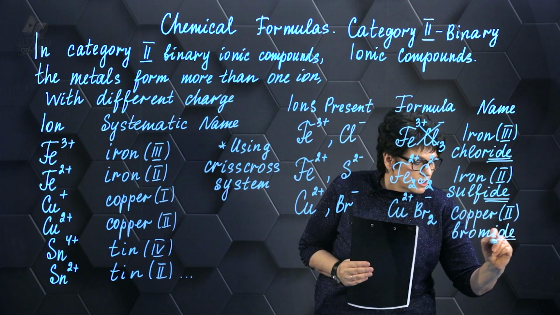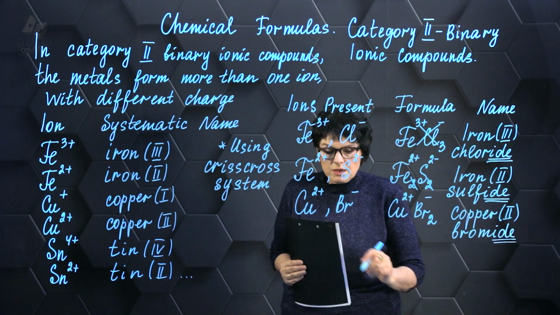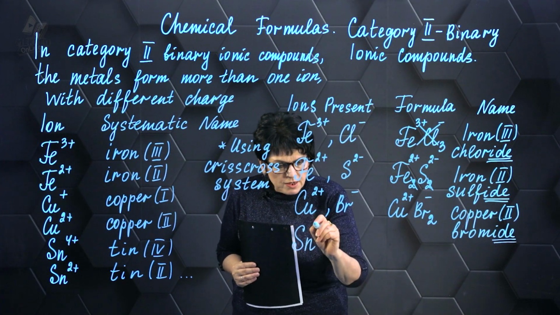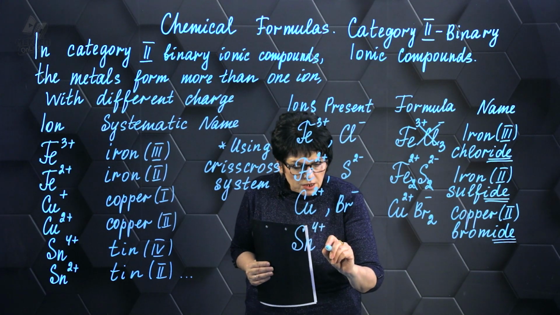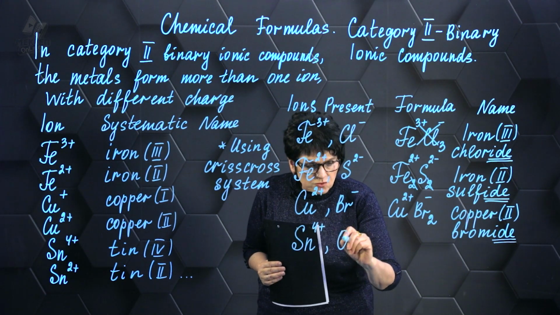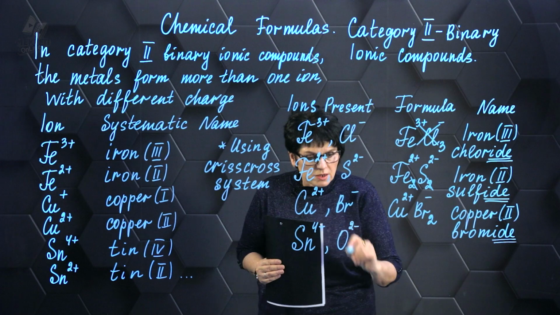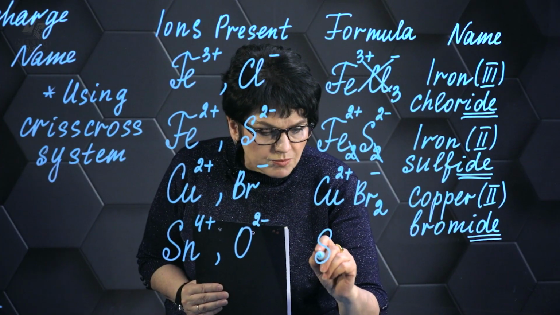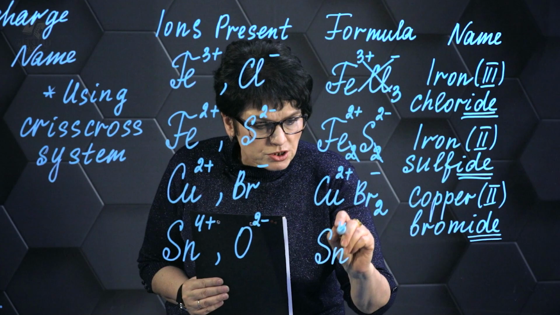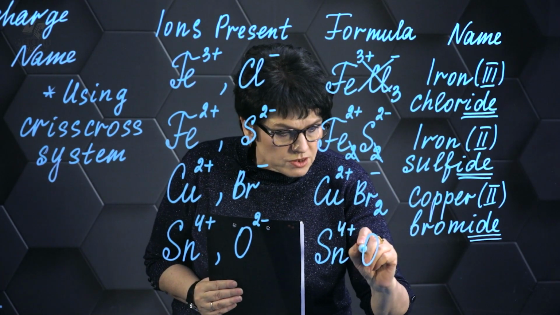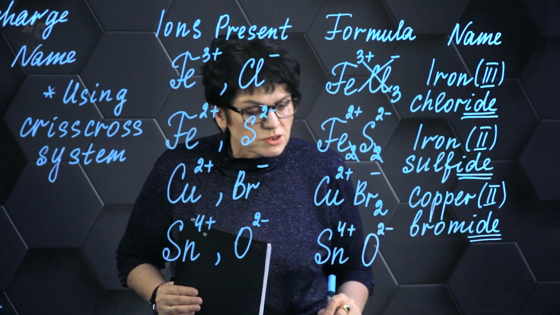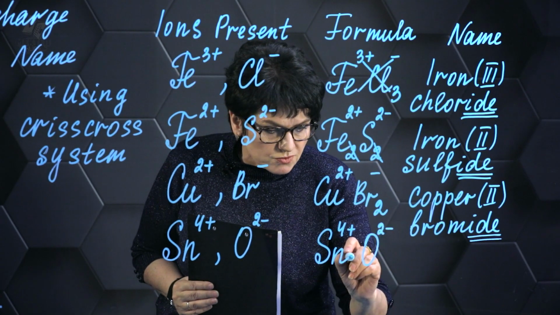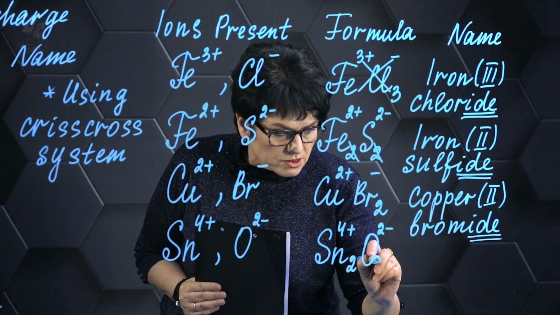Another instance that illustrates this point. Let us take tin with a positive charge of 4. And let's consider, for instance, oxygen, which has 2 minus. This will be the oxide formed by this compound. Tin is in first place with a charge of 4+, and oxygen is in second place with a charge of 2 minus. Formally, you could apply the cross rule and write it like this: tin 2, oxygen 4.